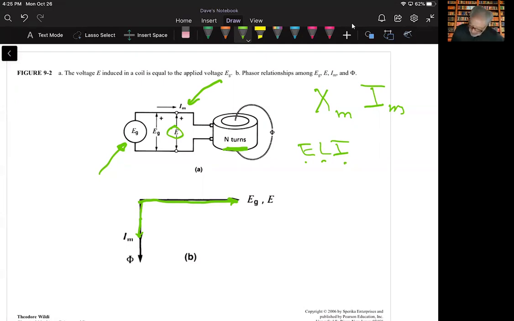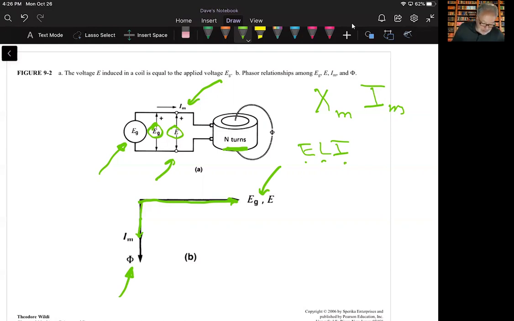Okay, now a couple other things. Notice that the current mirrors the flux. Okay, and again, we'll look at the difference between E sub G and just E, but you can maybe get an idea of what's going on there, because there's a difference between what's applied and what's seen at the coil.